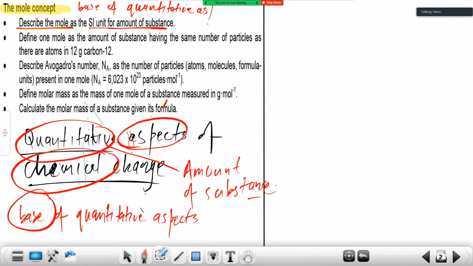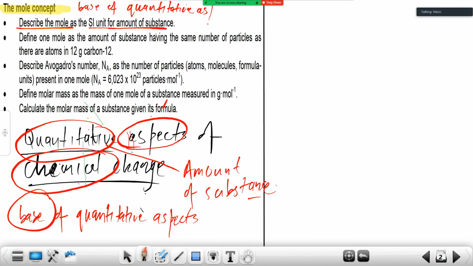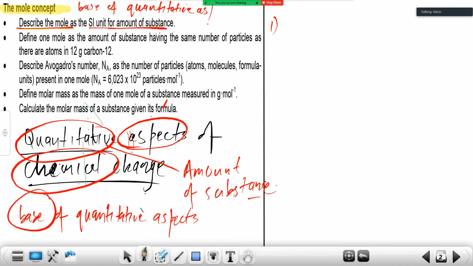So I was saying, we need to be in a position of defining what a mole is. That is the key thing.